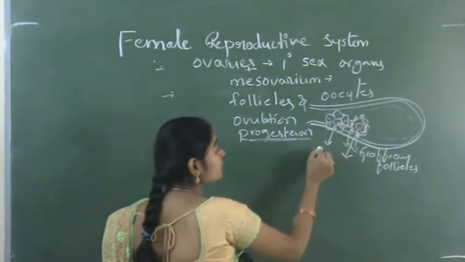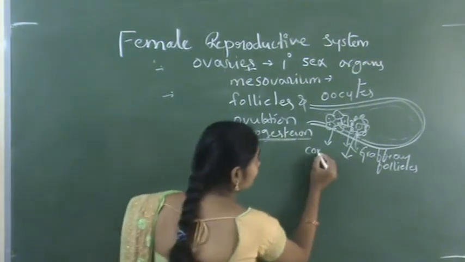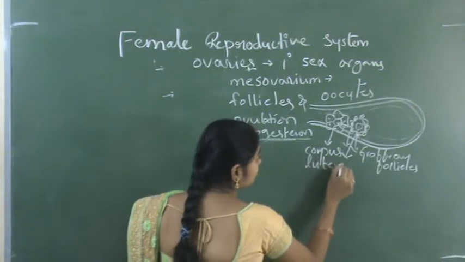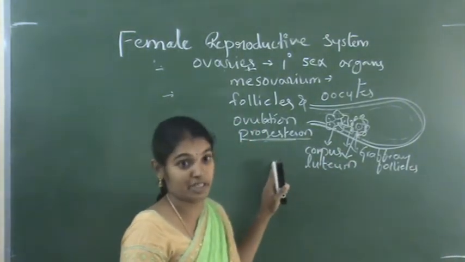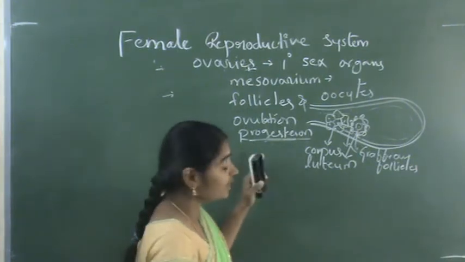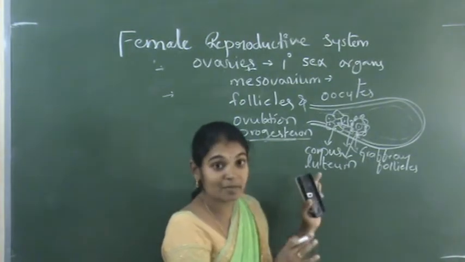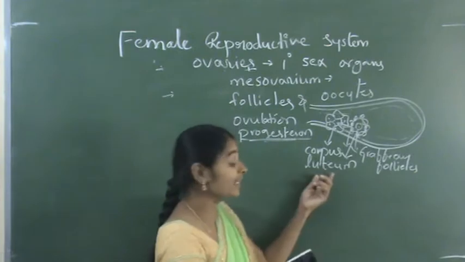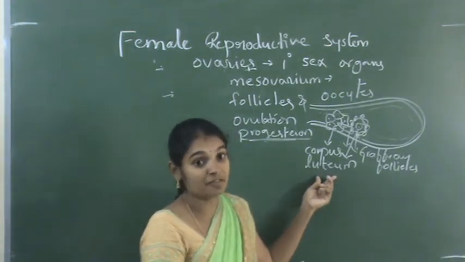The corpus luteum is a yellow colored structure, and it secretes progesterone. If fertilization takes place, the corpus luteum remains and continues the secretion of progesterone up to placenta formation.